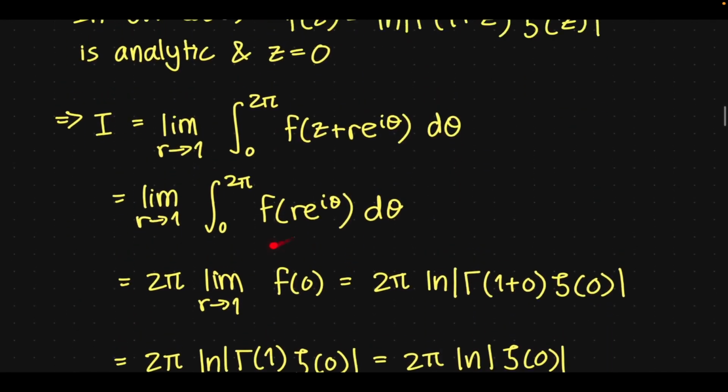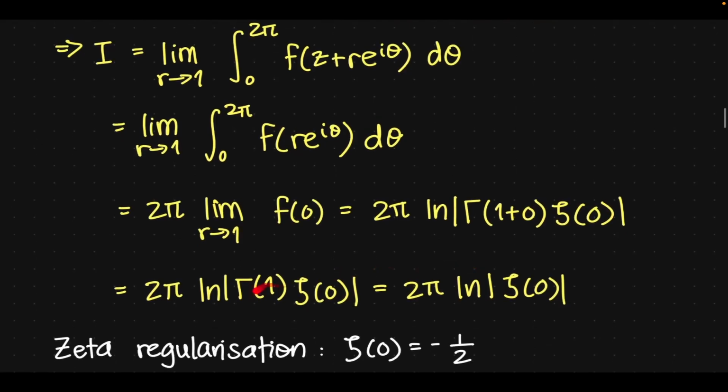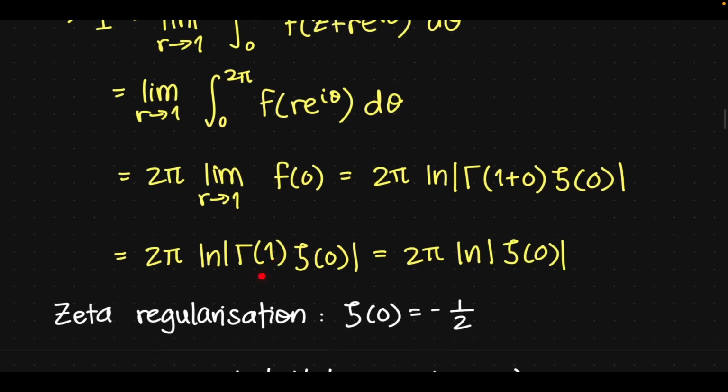So that gives us 2 pi limit r goes to 1 f of 0, because z was 0. Now we know what f is. We just plug in z equals 0 there. So we have 2 pi times ln absolute value gamma of 1 plus 0 times zeta of 0. Now this becomes 2 pi ln absolute value gamma 1 times zeta 0. Gamma 1 is 0 factorial, so that's 1. So we have 2 pi ln absolute value zeta of 0.